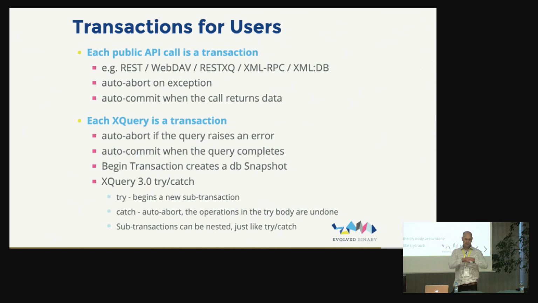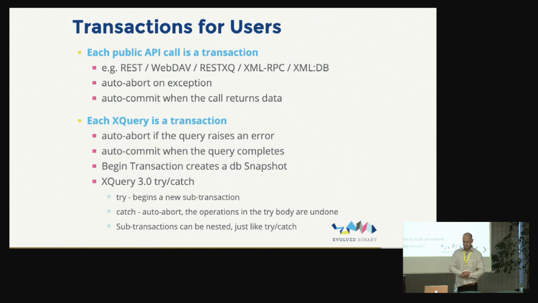So if you have multiple statements in your XQuery and you're writing to the database, if any one of those errors, the entire thing is aborted, so nothing changes in the database. And historically, that has been a problem in other native XML databases, where maybe some of the data is in the database and some of it isn't, because the error happened halfway through your query. We don't have that problem.